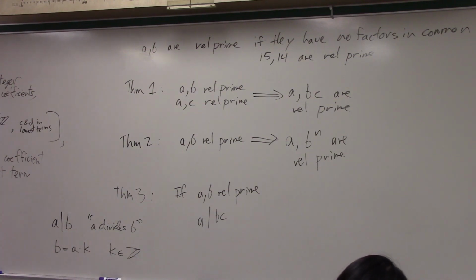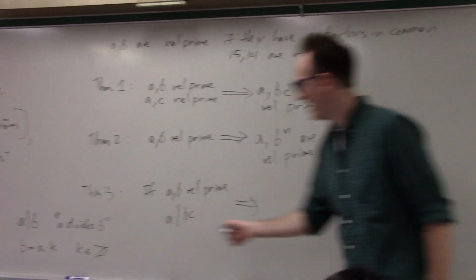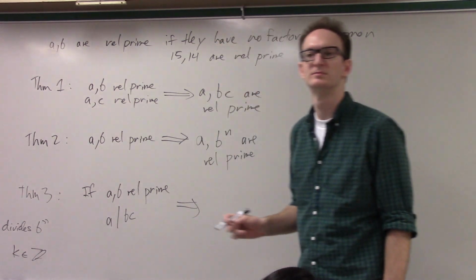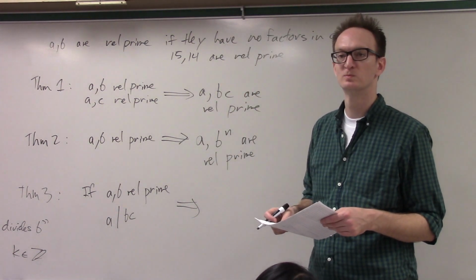Okay. So if A and B are relatively prime, and A divides BC, so what can I say? Gabe, conclusion?